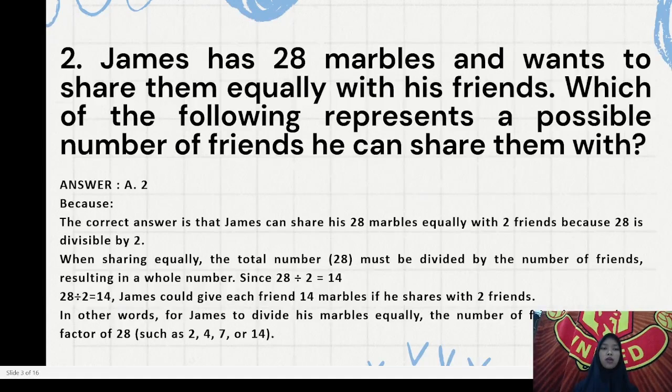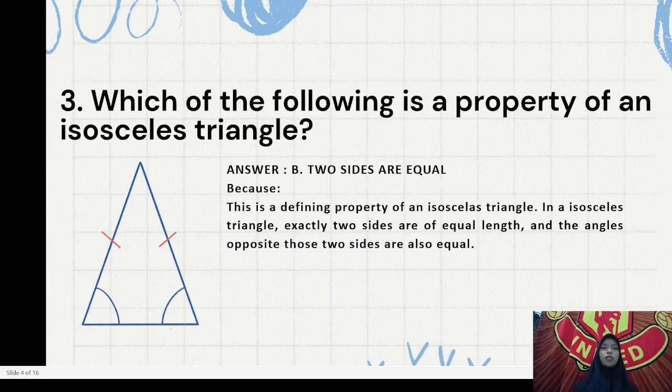In other words, for James to divide his marbles equally, the number of friends must be a factor of 28, such as 2, 4, 7, or 14. 3. Which of the following is a property of an isosceles triangle?